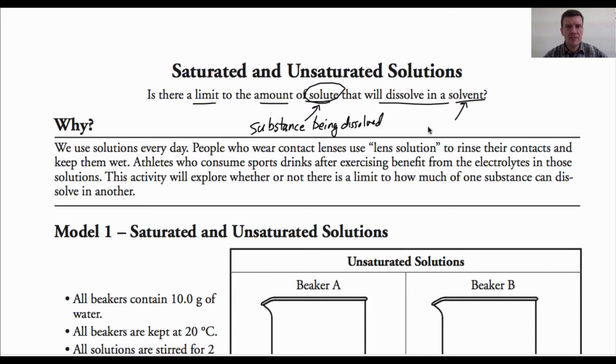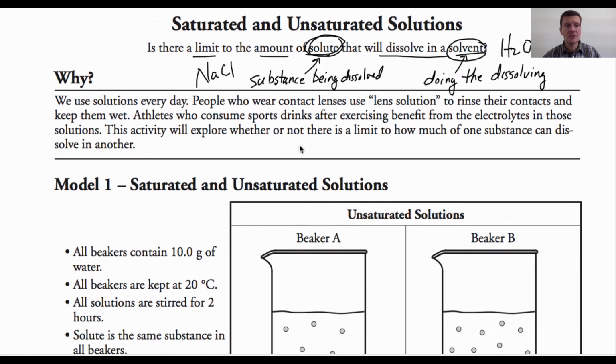It doesn't have to be, but in many cases you think of a liquid as being your solvent. This is doing the dissolving. In many cases, the solvent is in greater quantity than the solute, so that might also help you figure out which is which. So in my example of NaCl, if you took sodium chloride and dissolved it in water, obviously water is the solvent, NaCl is the solute.